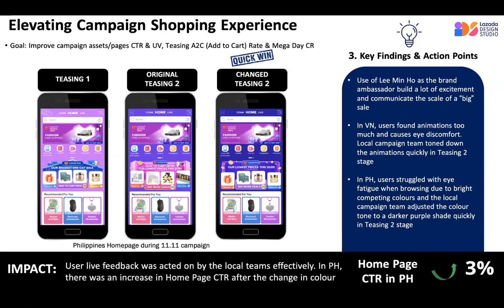This was actually a 10-day forum, which means these 30 respondents were recruited for this research for over 10 days. Initially they warmed up to each other by talking, and then from teasing one, we got them involved. They checked out what it looked like, not just the homepage but also what we call the mega campaign page, which only appears during a mega campaign.